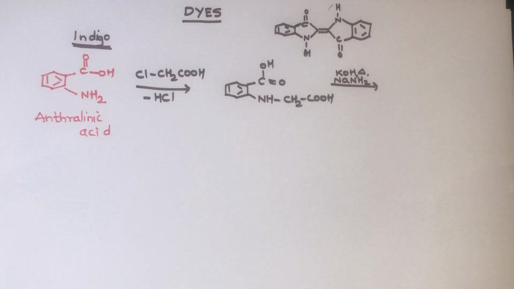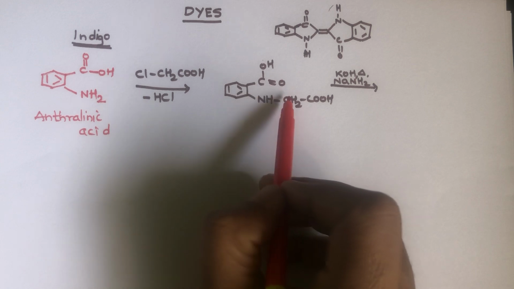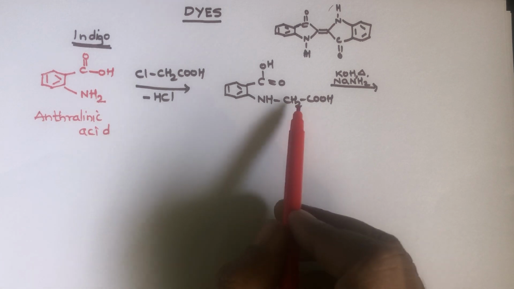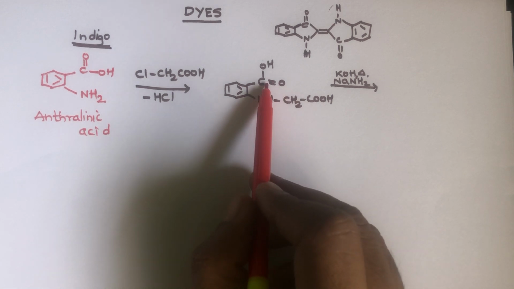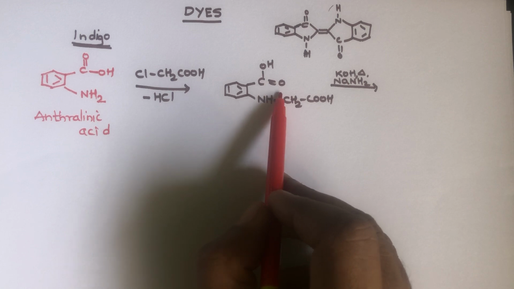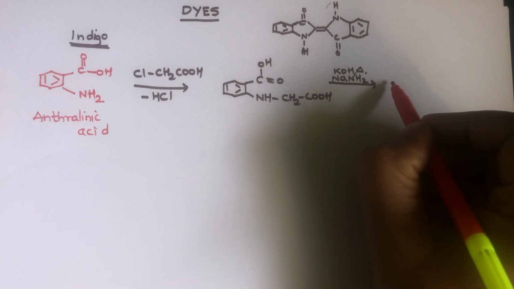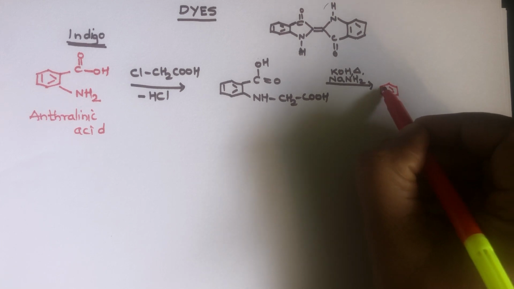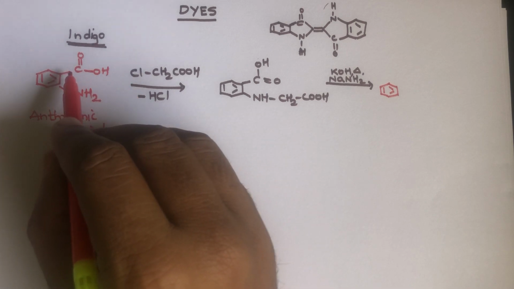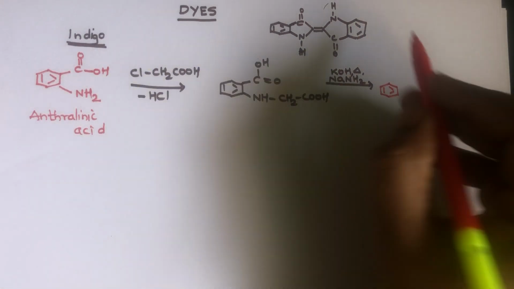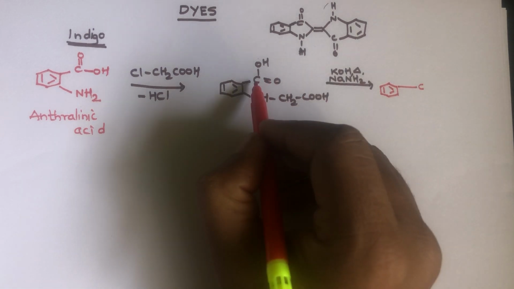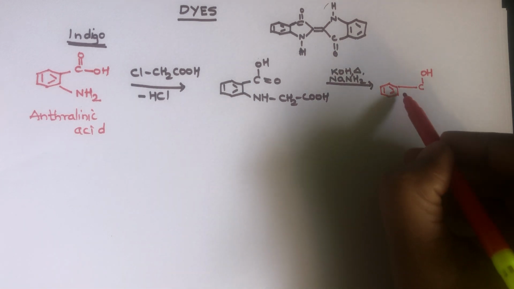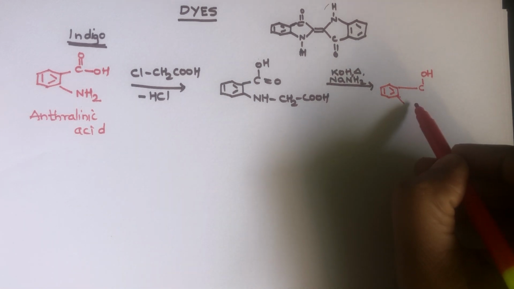When this is fused with KOH and NaNH2, H2O goes off, hydrogen and oxygen. H2 from here and oxygen goes off and it forms a bond here. So this is the molecule that we are going to get. A benzene, which will remain as it is, then carbon with OH, then we have NH here.